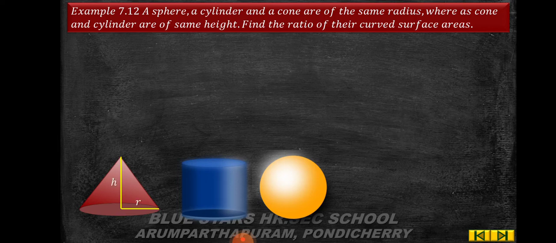So h be the height of the cone and r be the radius, and h be the height of the cylinder and r be the radius here, whereas the cone and cylinder are of the same height. So h are also equal. In a sphere, you know, the height is the diameter, 2R. So here h is equal to r.